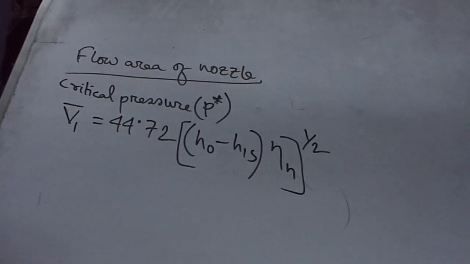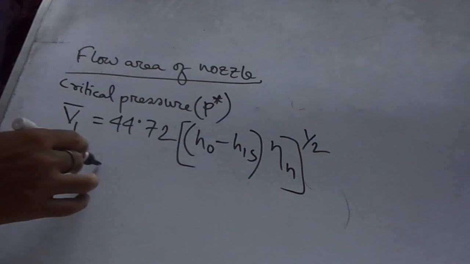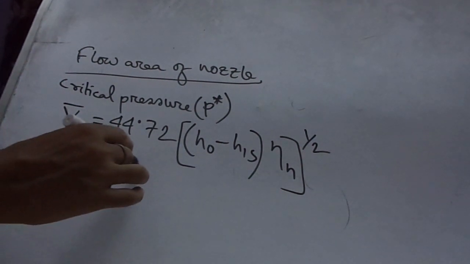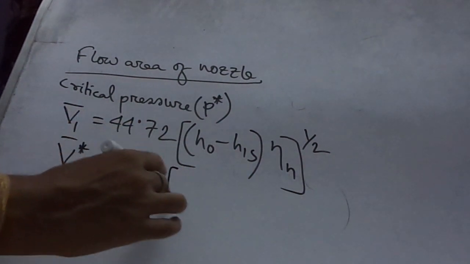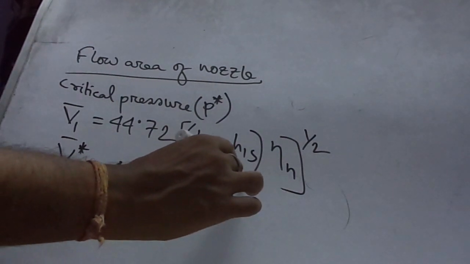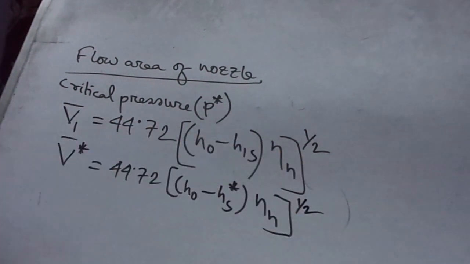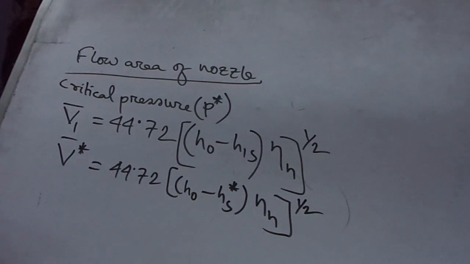V star equal 44.72 H0 (minus H star) whole to the power half, where the enthalpy drops are read from the Mollier chart in kilojoule per kg with the actual states of steam at exit and the throat being fixed on the Mollier diagram. The specific volume can be obtained from it.